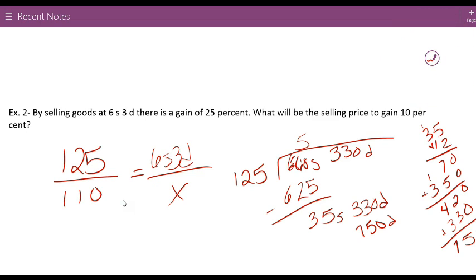So let's try 6. And there we go. So we end up with 5 shillings and 6 pence. So that is what he would be selling them for, for a gain of 10%.